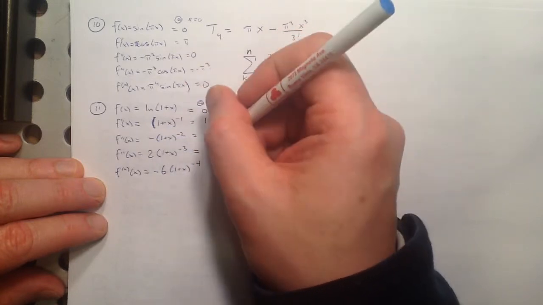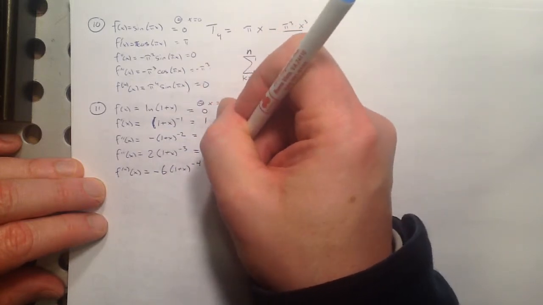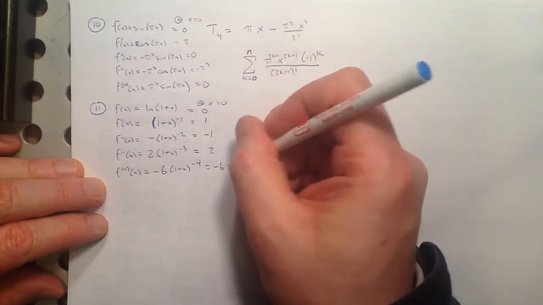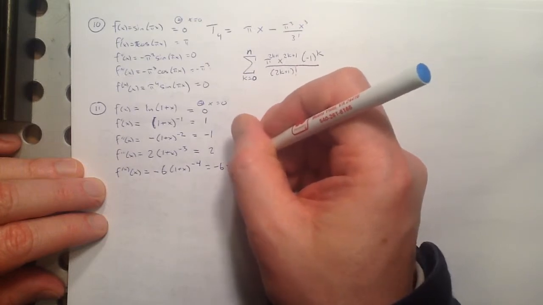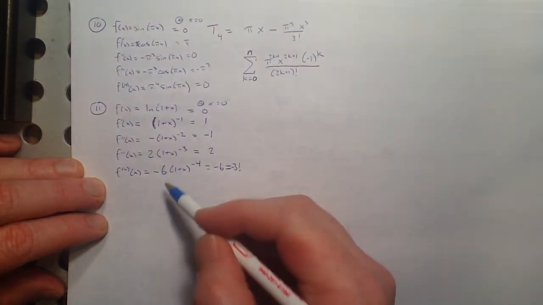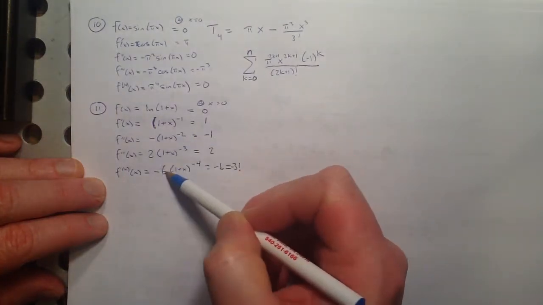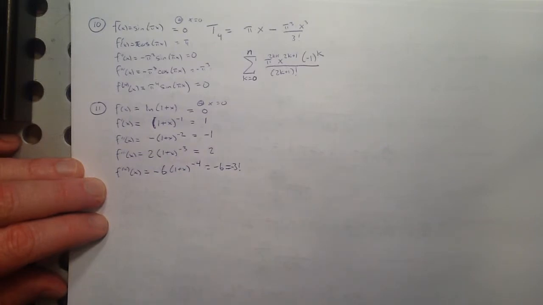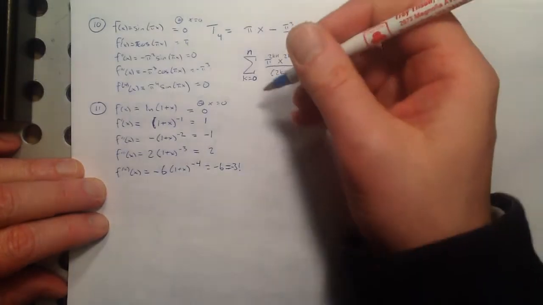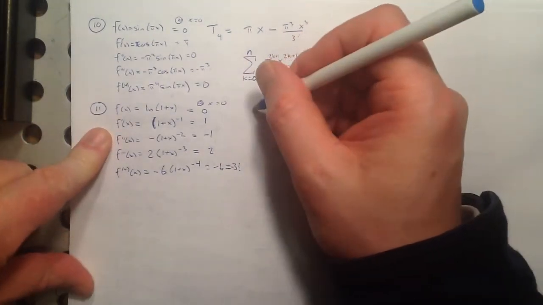So I'm just going to get these numbers 2 and negative 6. And notice that negative 6 is 3 factorial. Right? That came from 2, and then it could multiply by 3. If we did it again, it would be 24, right? 4 times 6 would give me a 24. All right, so let's cook this sucker up.